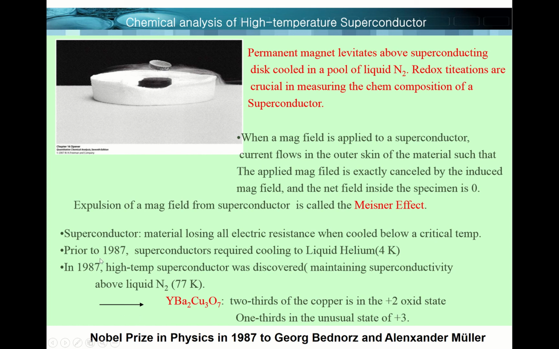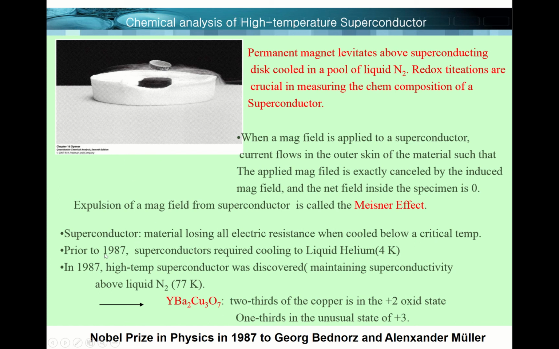Here, the superconductor material loses all electric resistance when cooled below a critical temperature. Actually, this year is when the Nobel Prize was awarded, but these two men published this phenomenon in a previous year.